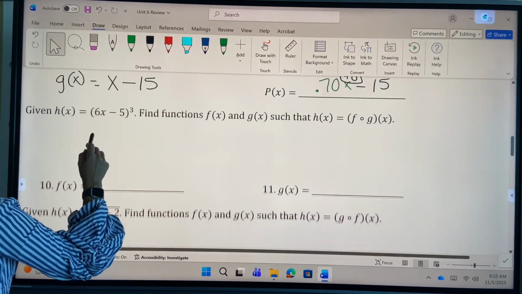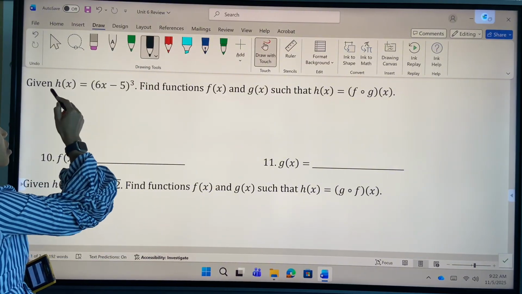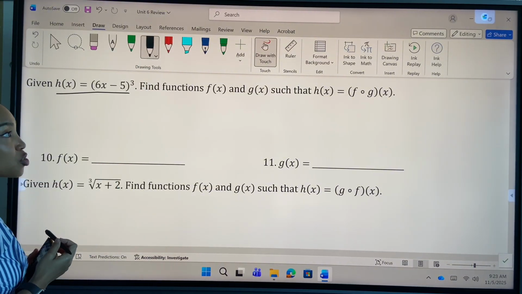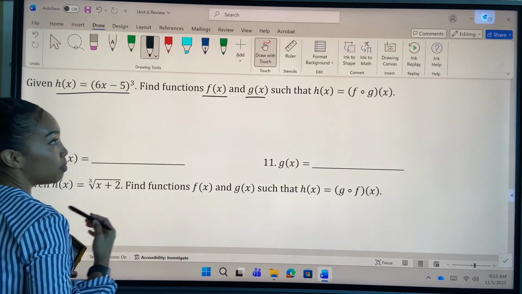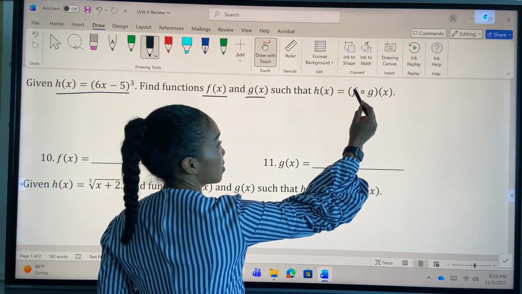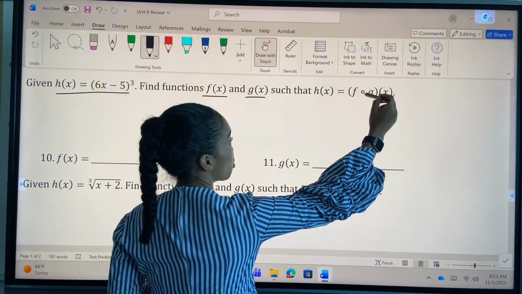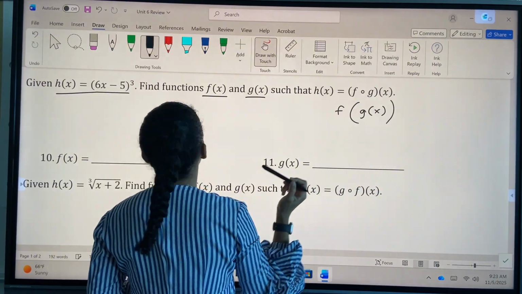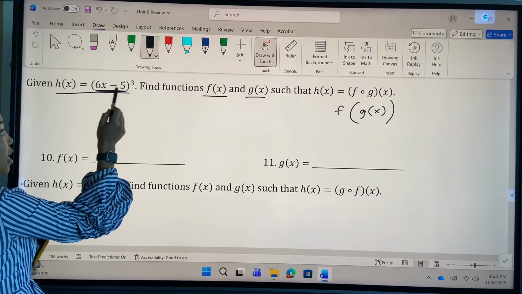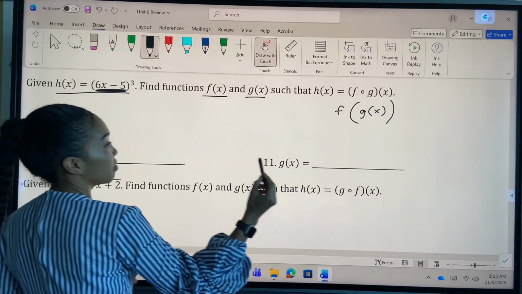Okay, let's try another example. It looks like this is your composition. So we want to know what the original functions were. Because h is f of g, okay? So we're plugging g inside of f. Well, that means g has to be 6x minus 5.